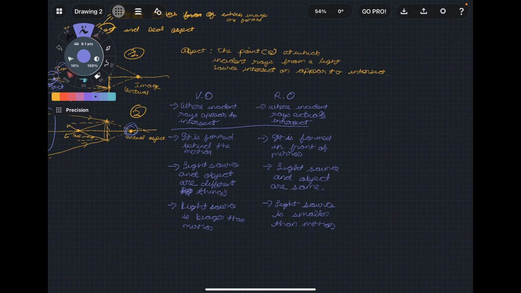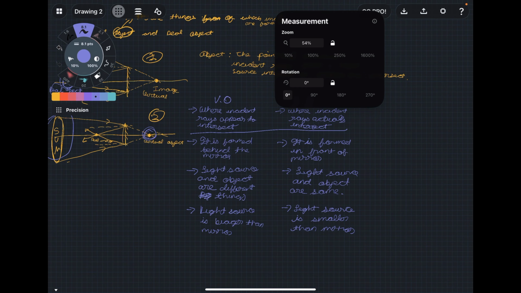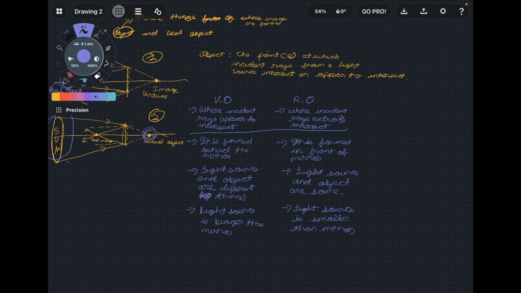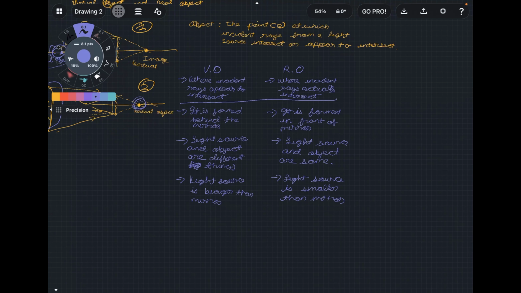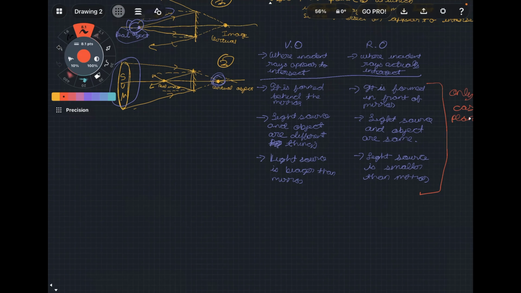So apart from these two fundamental differences between virtual object and real object, which is basically the first point, all these other points are only for the case of a plane mirror.